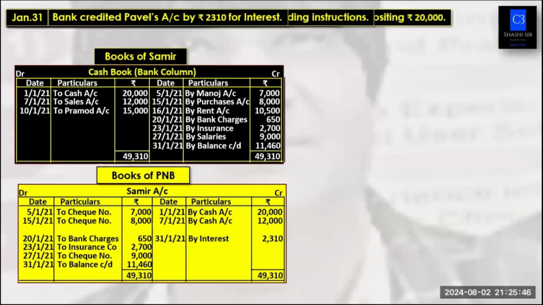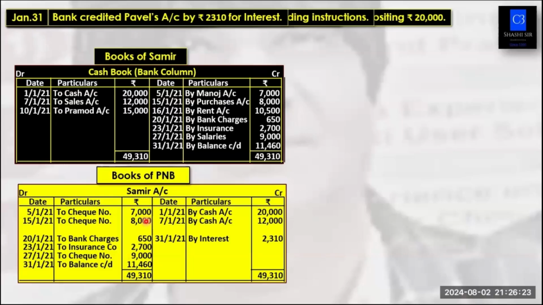Again, the fourth one, bank charges. Bank charges 650. We did not know about these bank charges. Whenever bank debits charges to its customer's account, it does not inform every customer. Whenever bank wishes to debit the customer's account, it will debit all the accounts. It may not inform all the customers.